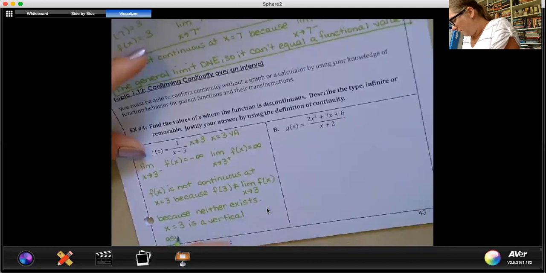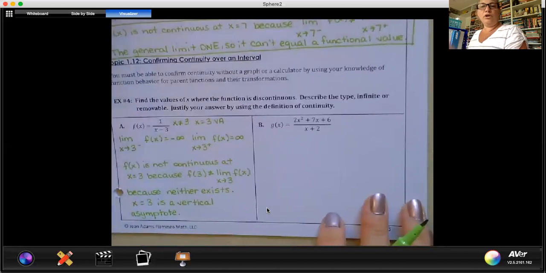And while you may be wondering, do I need to include all of that? The more you can include that will justify your answer, the better off you'll be.